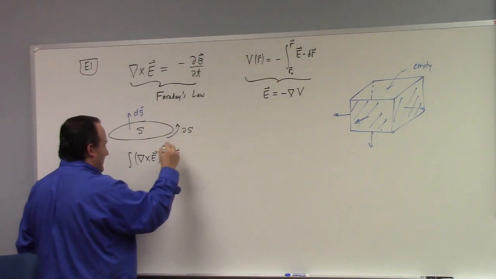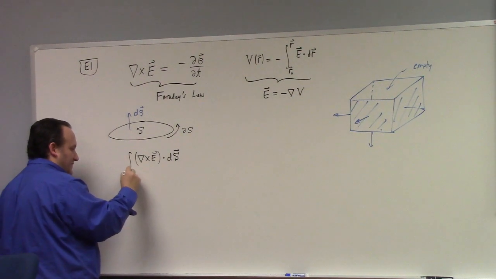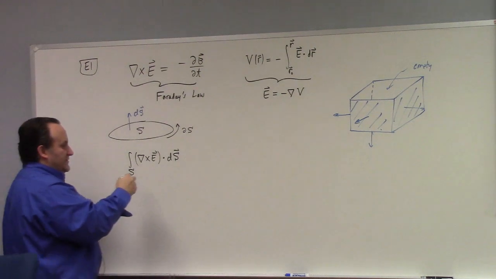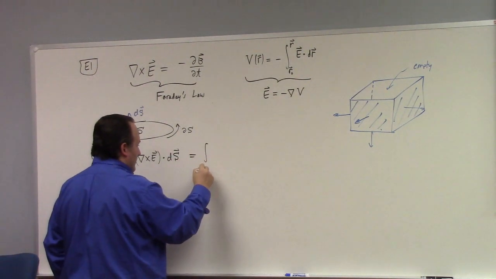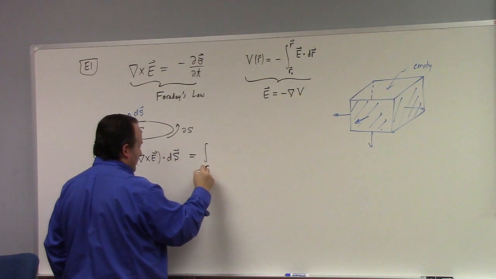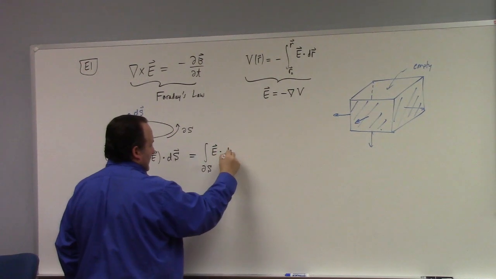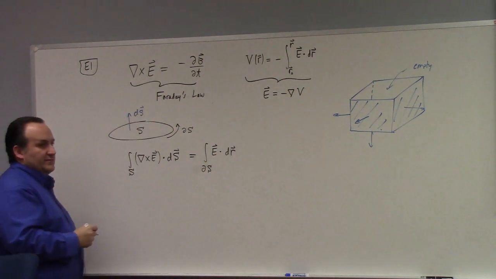It's not around the boundary, it's on the surface. Surface integrals are for surfaces, line integrals are for curves or lines. So according to Stokes' theorem, this is equal to the integral around the boundary of the surface of the electric field. So the circulation of the electric field around the boundary.